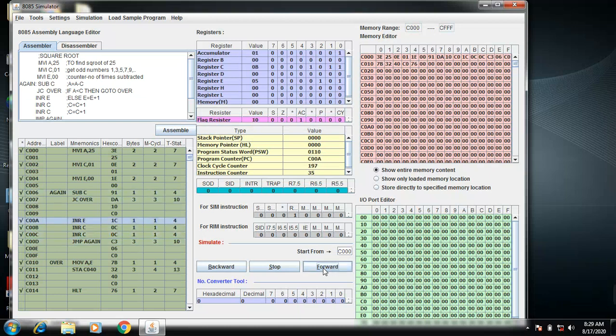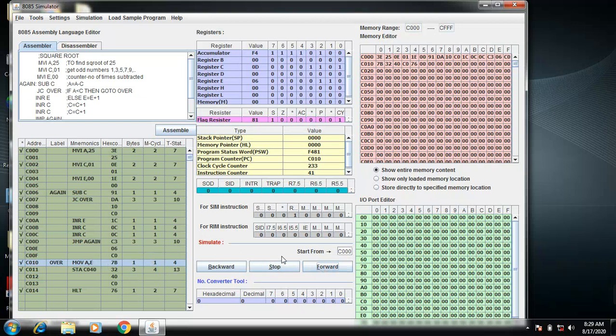That is 6 times will be counted. Now the accumulator is 01 and register C is 0D. Now the condition becomes true, so go to over.